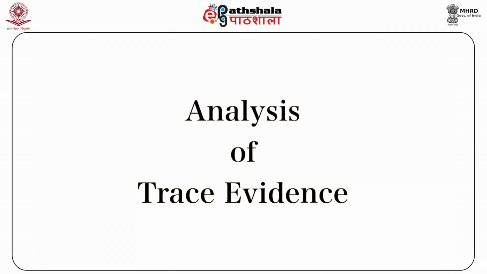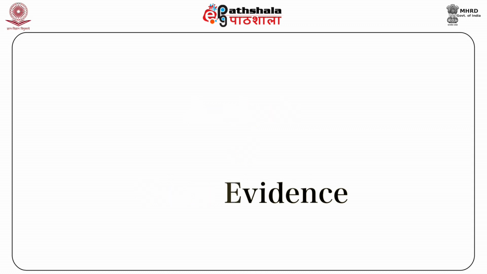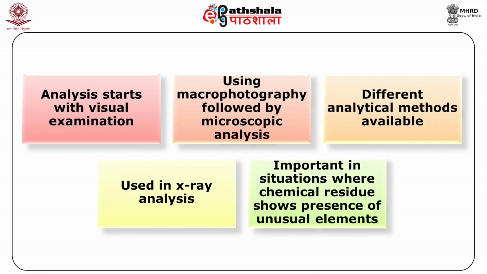Analysis of trace evidence. Trace material analysis starts with visual examination of the evidence using macrophotography followed by microscopic analysis. There are different analytical methods based on different types of material available for analysis, such as stereo microscope and scanning electron microscope, SEM.